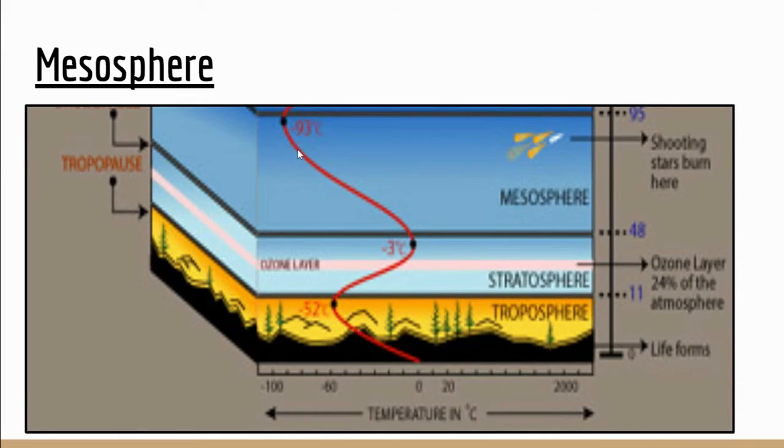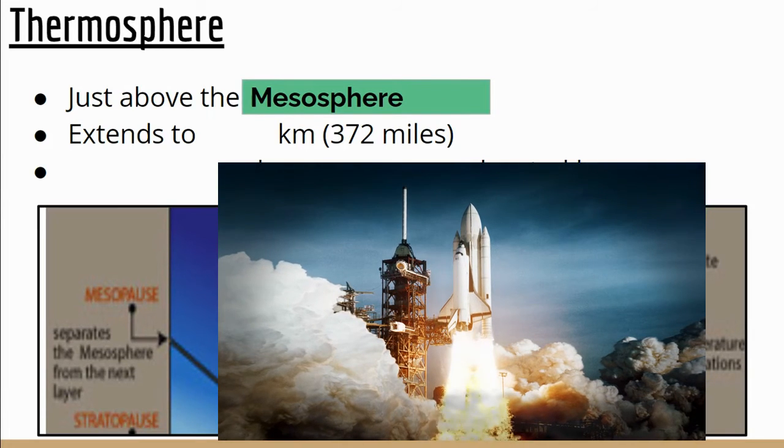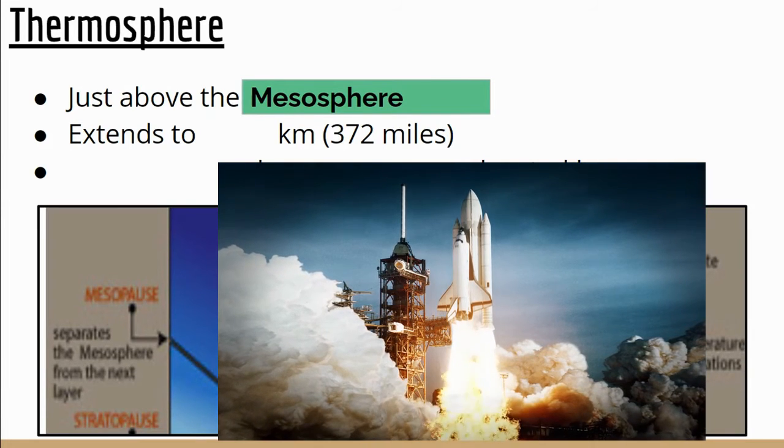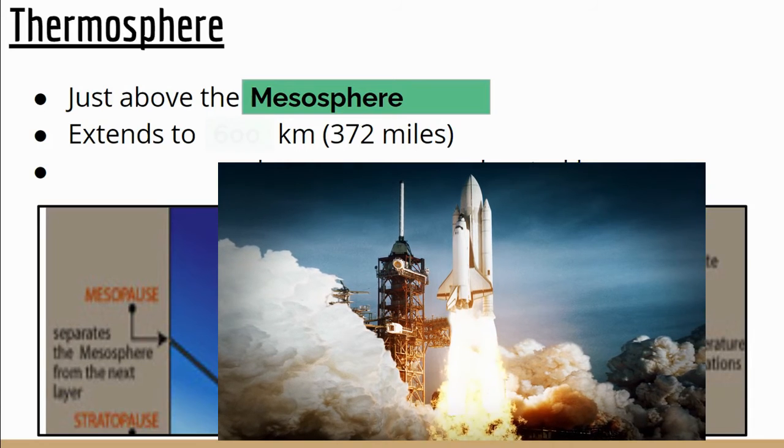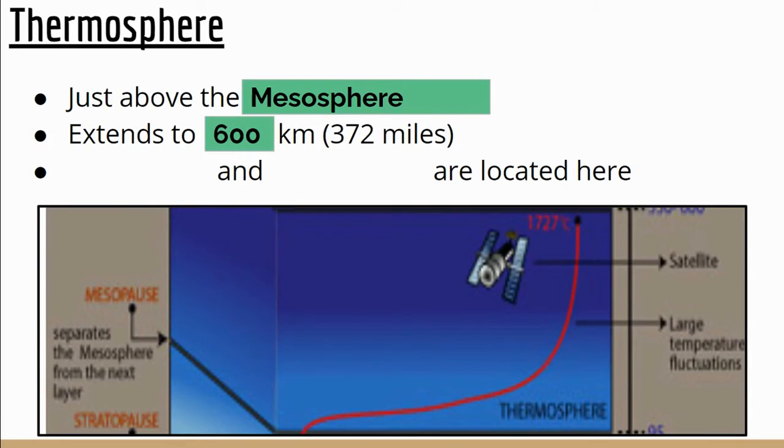actually drops. Then you have the thermosphere, which starts just above the mesosphere. Now, there's so little air here that I'm not even going to give you a percentage because it's so small. There's no breathing in the thermosphere. The only way you're getting there is if you're using a spaceship or some type of rocket that can propel you that high. It's up to 600 kilometers. That's 372 miles.